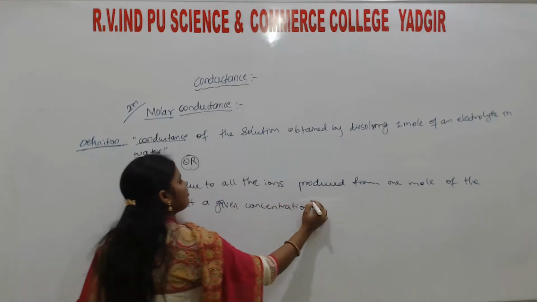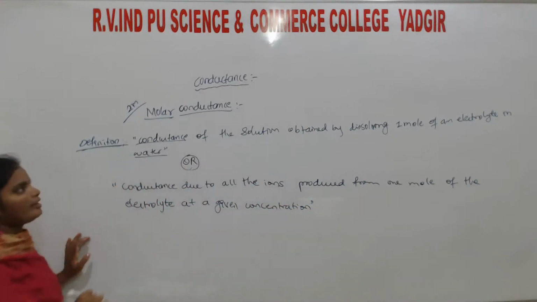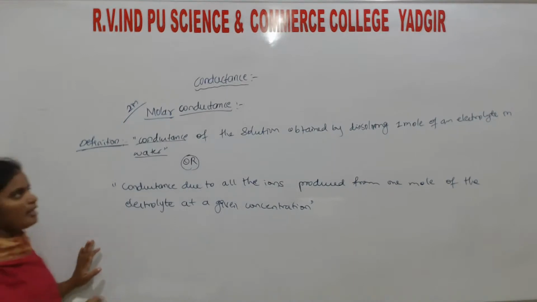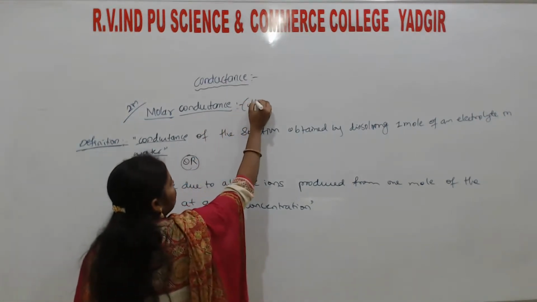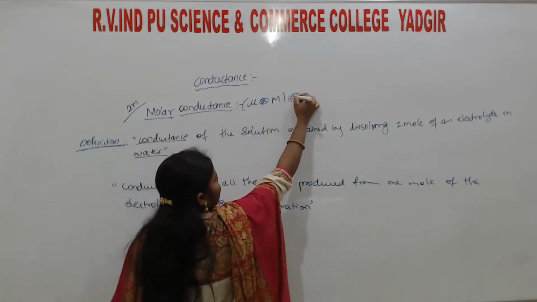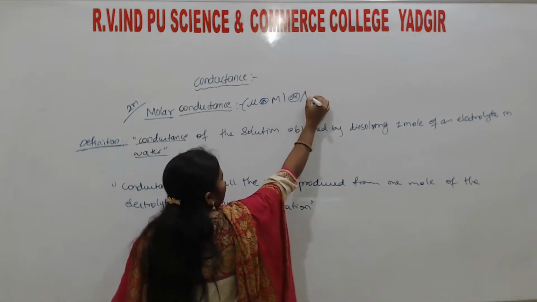You write this definition also. And this is denoted as mu m, or you can write lambda m.